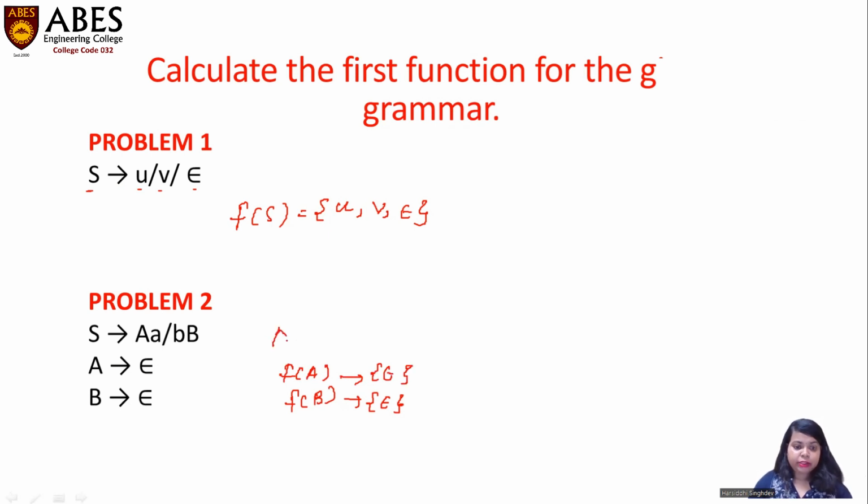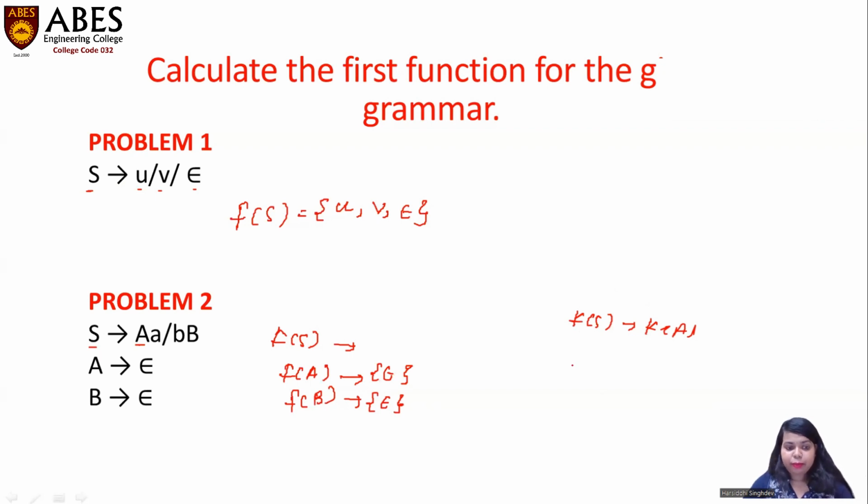Now it's first of S. Now see carefully. Here S is the start symbol, and first of S will be equal to first of A. A is a non-terminal symbol, so we have to check first of A.